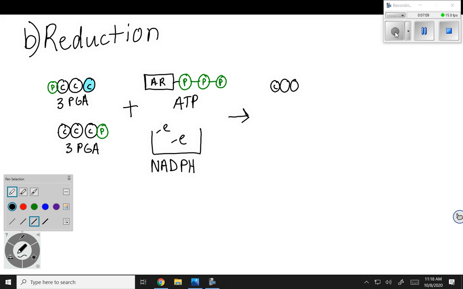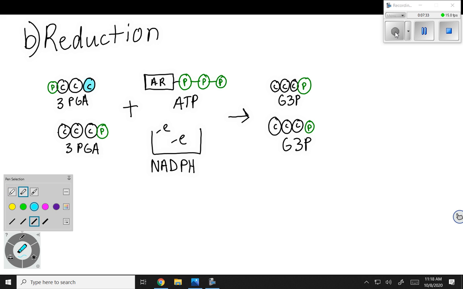But again, if we could see the larger structure, we can see that it actually has been rearranged. And this rearranged molecule is called G3P. So we get 2 molecules of G3P, and of course our carbon atom is still there.